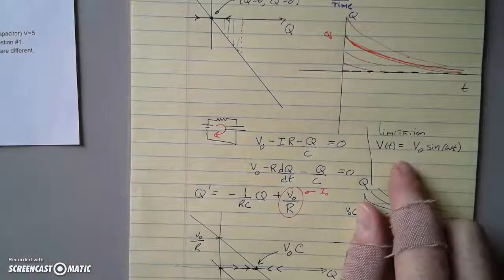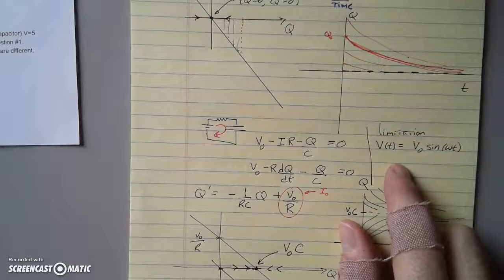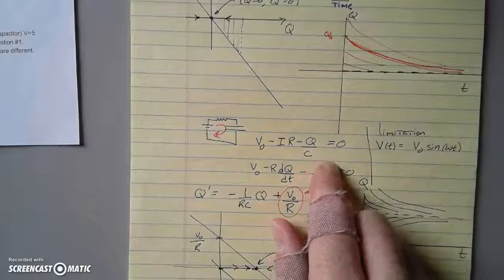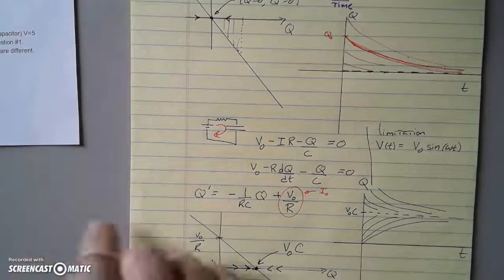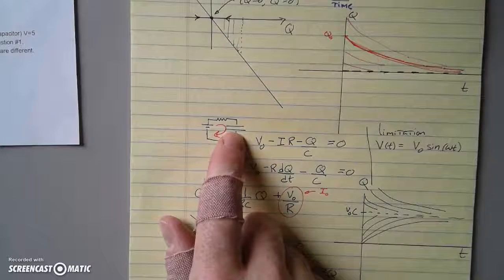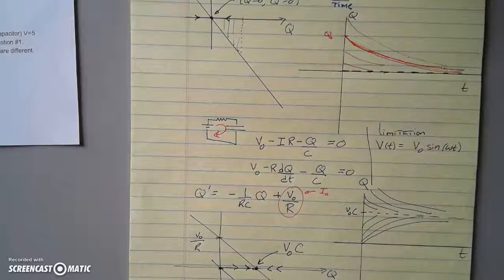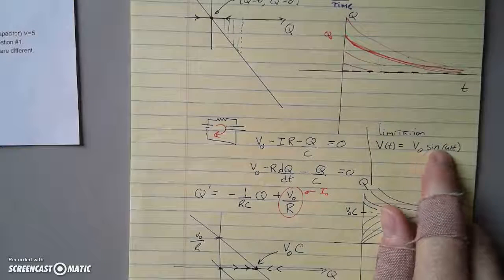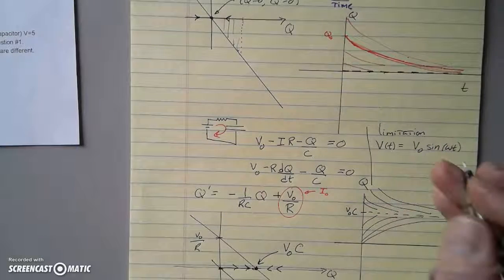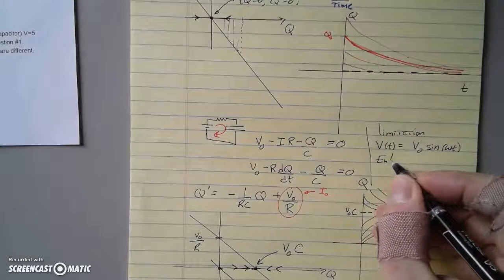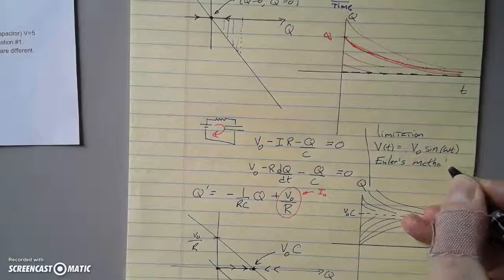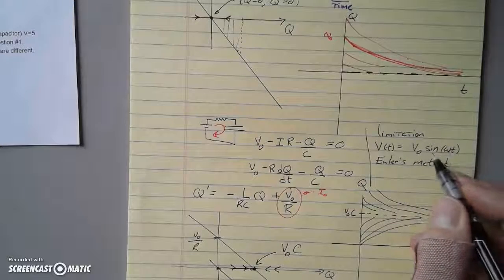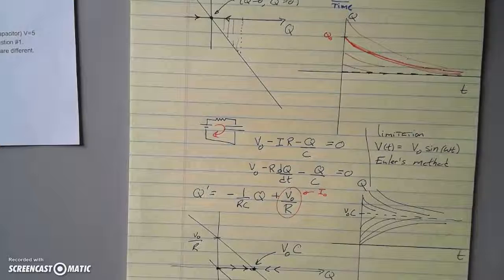I can even deal with a variable if it depends upon Q. I'm not sure what that would mean physically, but if my voltage source was somehow sensitive to the charge on the capacitor, I could do something like that. But I can't handle this. We will handle this soon, though, in an approximate method with Euler's method. There are ways of handling this, both explicitly and approximately, but not with this method here. Okay?